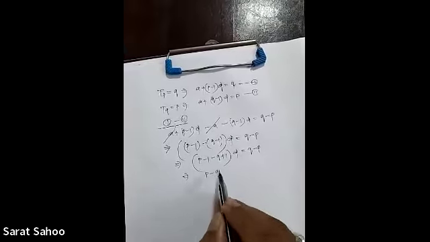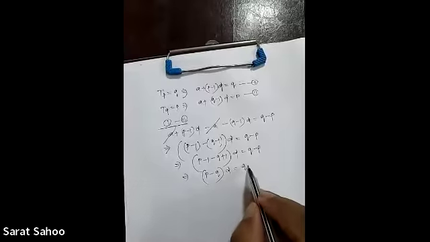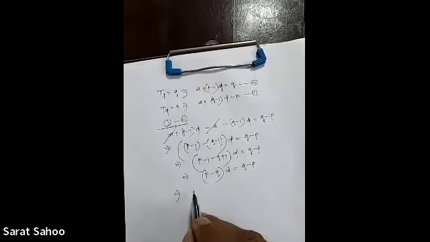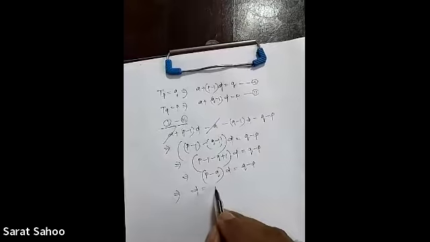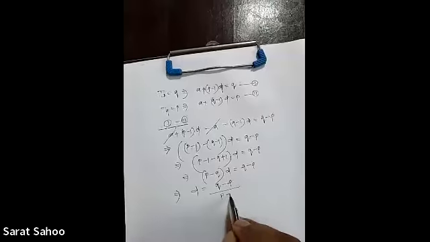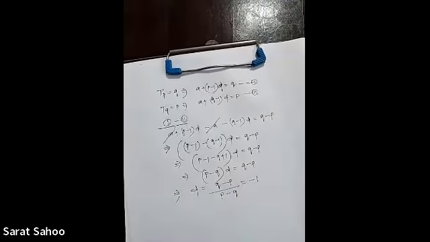(P minus Q) into D is equal to Q minus P. This implies D equals (Q minus P) upon (P minus Q), which is equal to minus 1. Okay. So the common difference of the AP is minus 1.